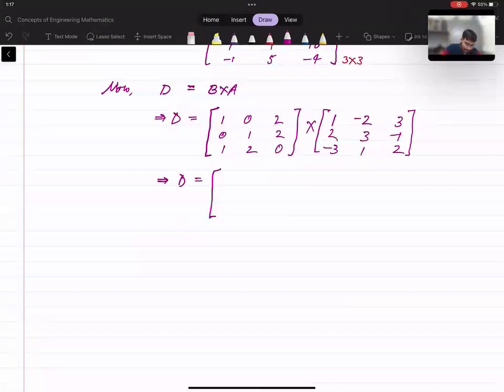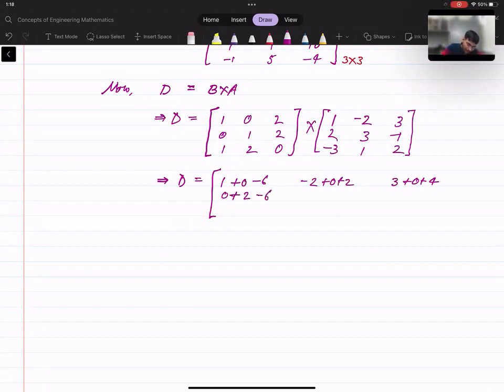So this is 1 plus 0 minus 6, and then we have here minus 2 plus 0 plus 2, and then we have 3 plus 0 plus 4. Here we have 0 plus 2 minus 6.